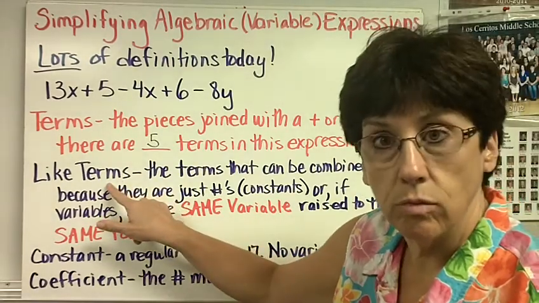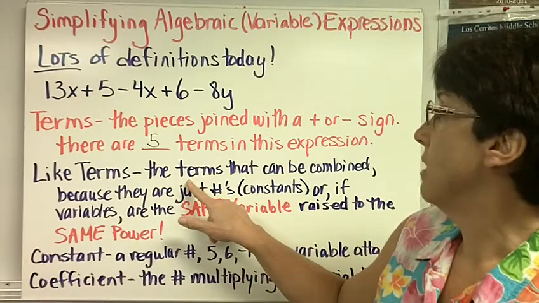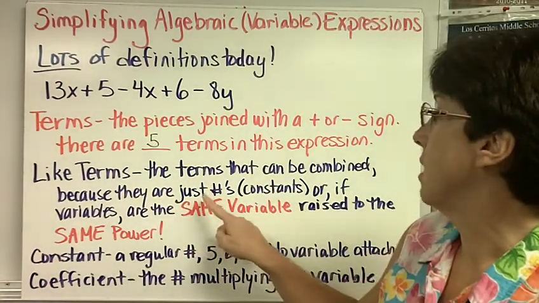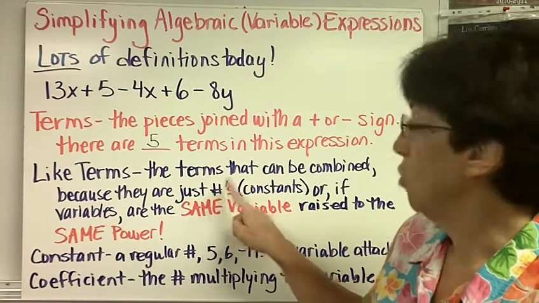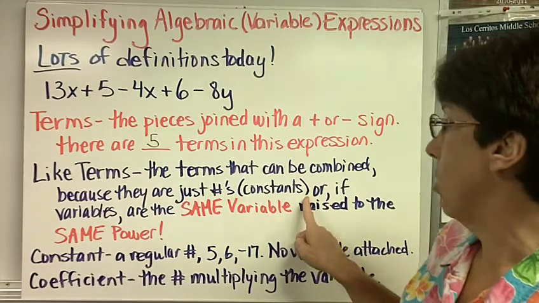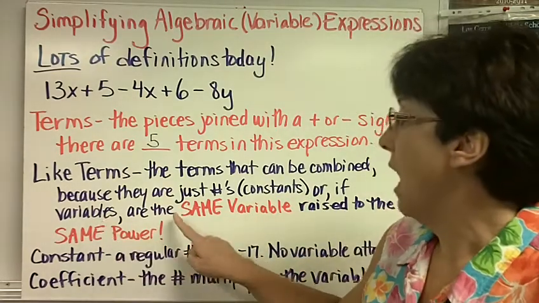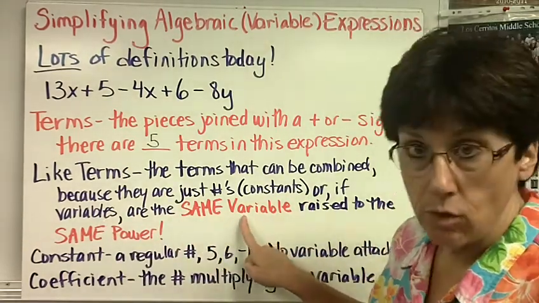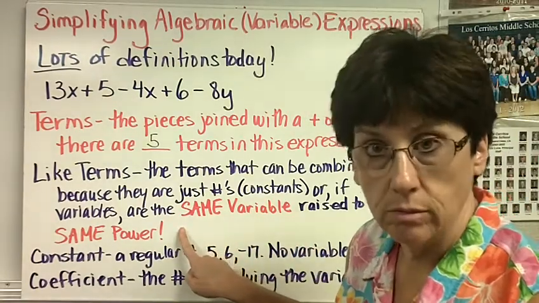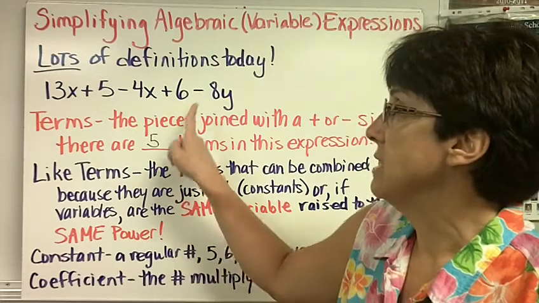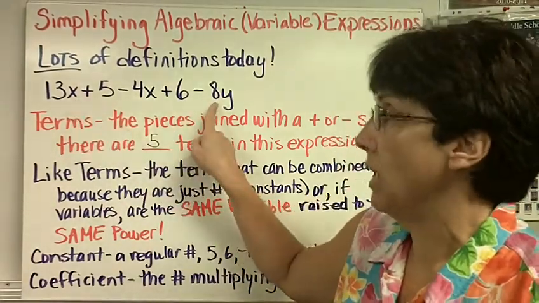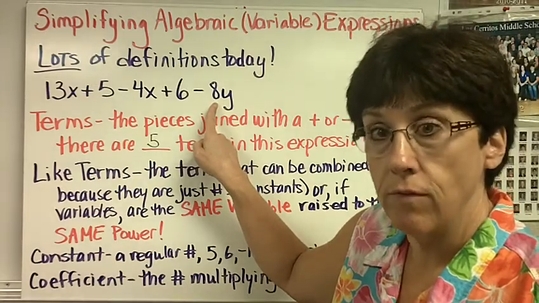Like terms. Write this one down. The terms that can be combined because they are just numbers, which are constants, we will define them in a minute, or if variables are the same variable raised to the same power, okay? So in this example, I don't have any exponents, but I do have x's and y's, so there are different variables in this.